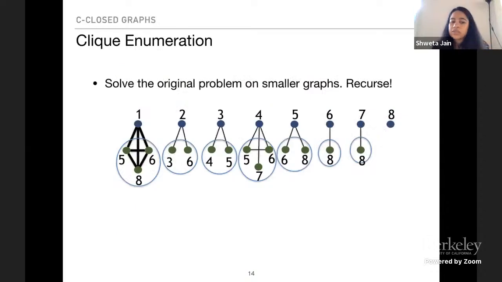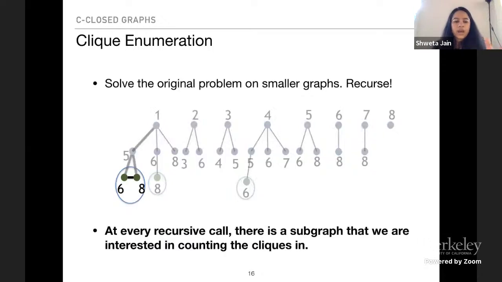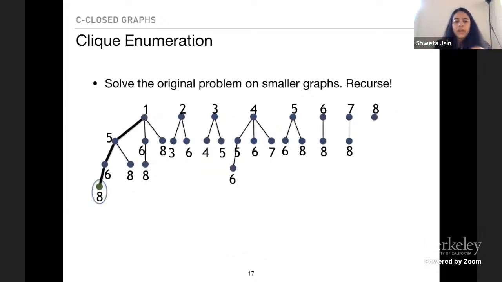So the algorithm recurses. For every vertex in these out neighborhoods, we spawn a branch and calculate the new out neighborhoods. So in this case, 1 and 5 is in the common out neighborhood of 6, and 8 is in the common out neighborhood of both 1 and 5, and so on. Basically at every recursive call, we have some subgraph that we are interested in getting the cliques in. And this process continues until there are no more subgraphs left.